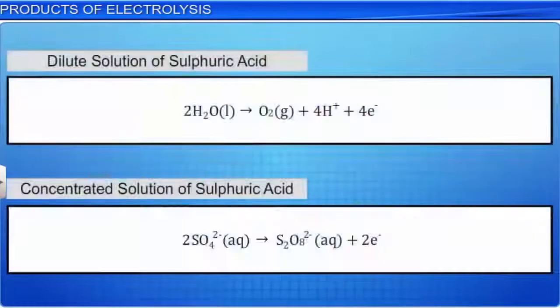In dilute solutions of sulfuric acid, water will be oxidized to release oxygen gas. However, in concentrated solutions of sulfuric acid, the formation of the peroxydisulfate ion is favored.